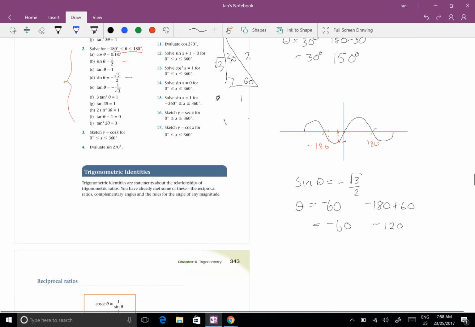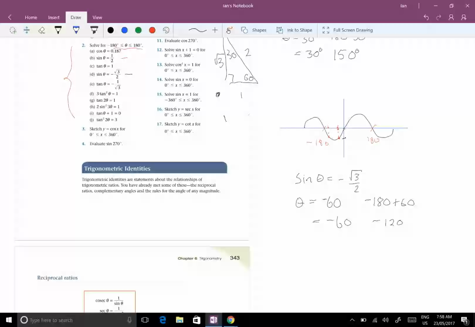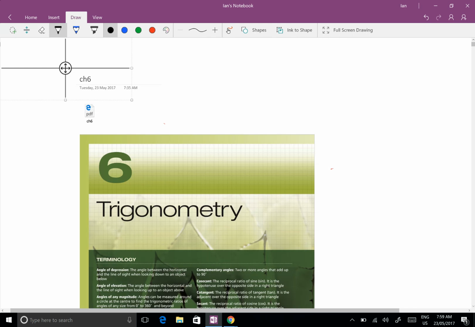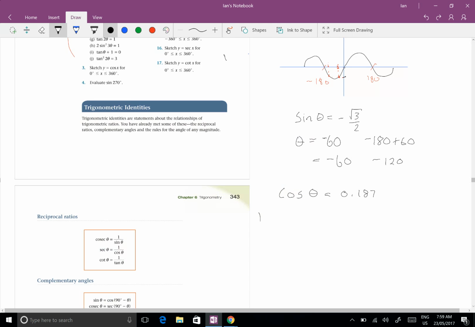Let's have a look at the first one now. And I deliberately left it because it wasn't an exact value. So cos theta equals 0.187. Well, I better draw the cos curve. So again, I don't want to go back to the front there.